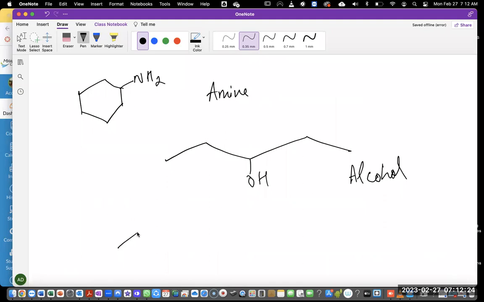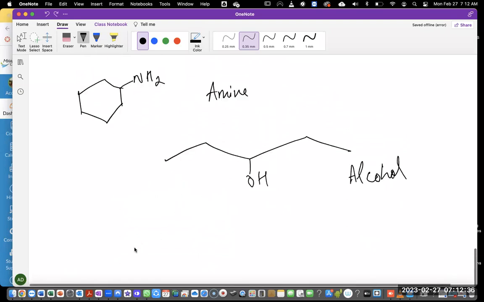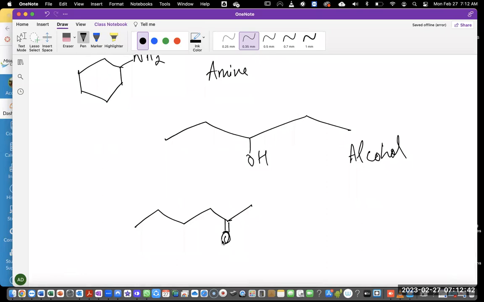If I have a molecule which has something like this. So guys, here you have, let me draw this again, just in case that is confusing. Okay, so you see, I've got a C double bond O this time. Is this C double bond O sitting at the very edge of the molecule, or is it sitting somewhere sandwiched in between?